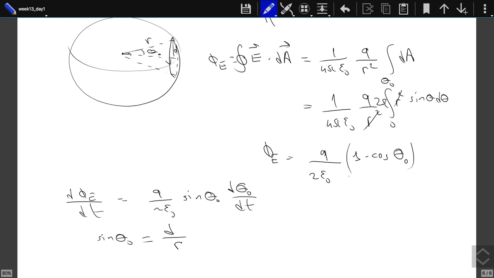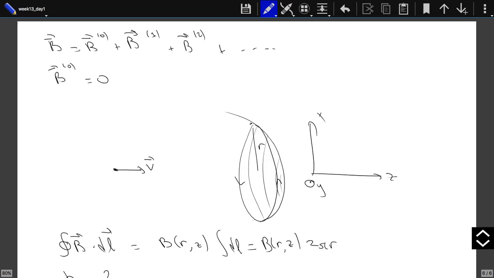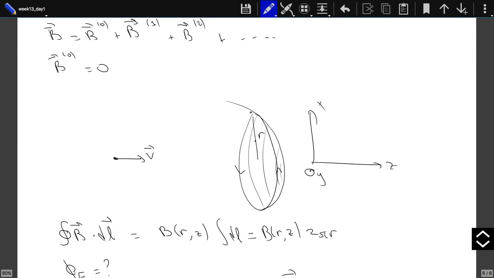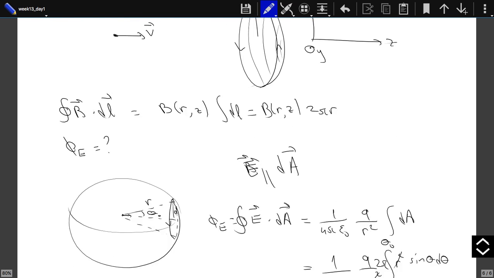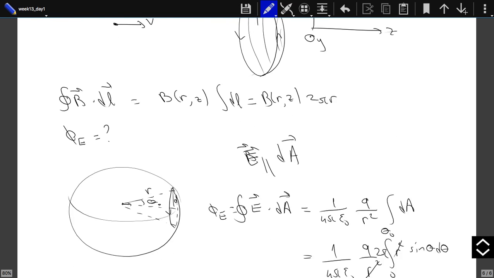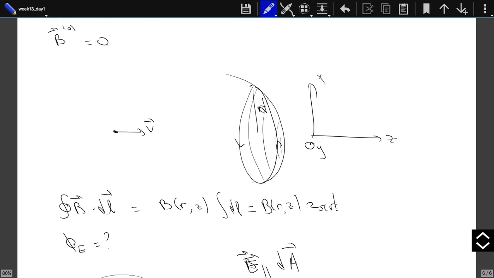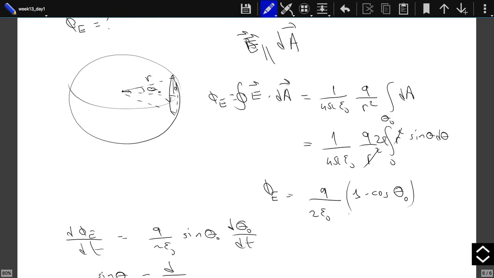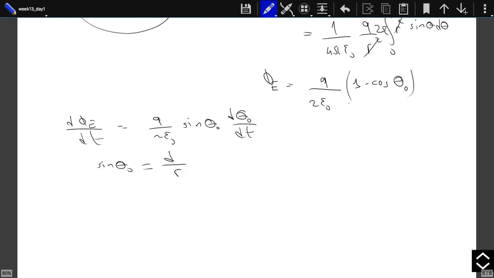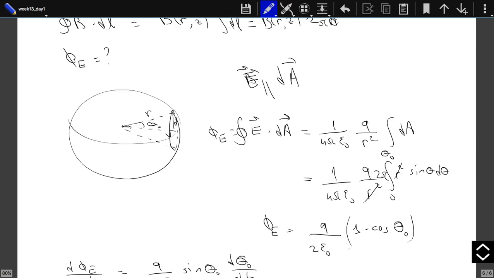No, that ring has a radius r. That was our definition first. So this is 2 pi. Let us change that to d. I want to keep r to be the radius of my sphere, the distance of this point from the charge. So sine of theta 0 is just d over r. It is the radius of this ring divided by this distance. That is the sine of theta 0.